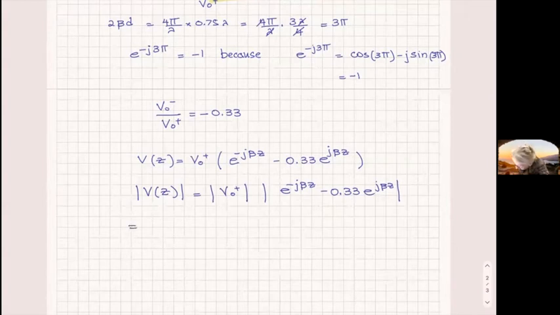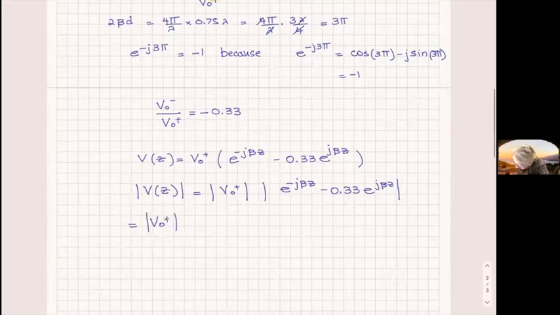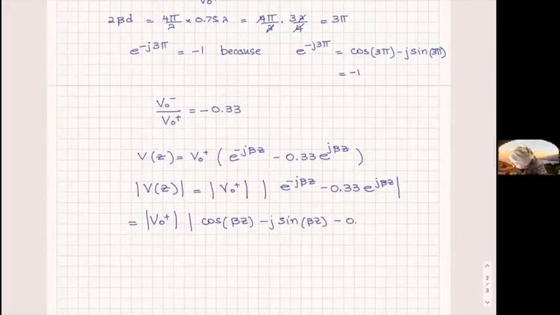So it's going to be V naught plus, and then cosine of beta z minus j sine of beta z, and then I have more, and then minus 0.33 cosine of beta z minus j 0.33 sine of beta z.